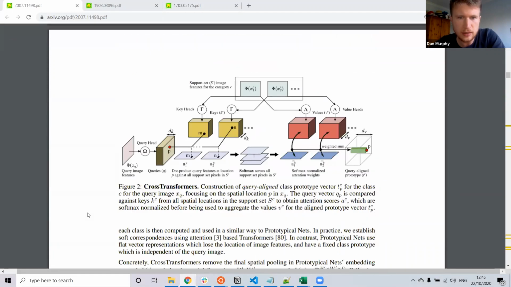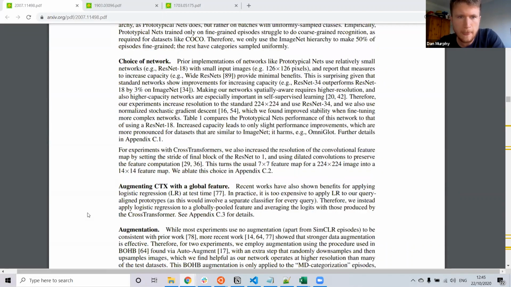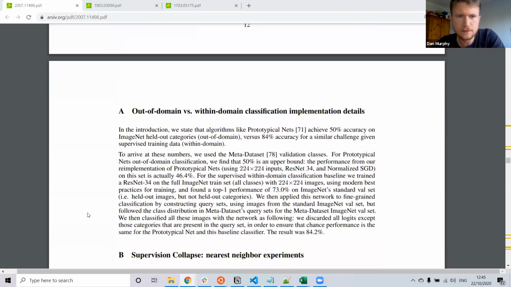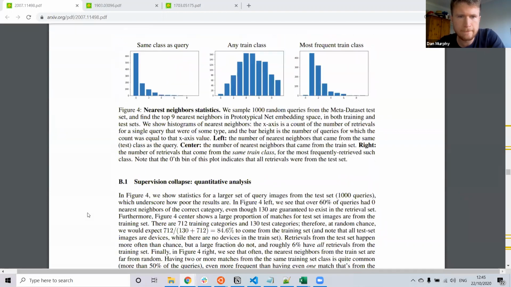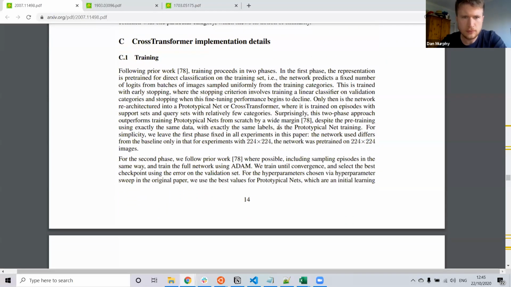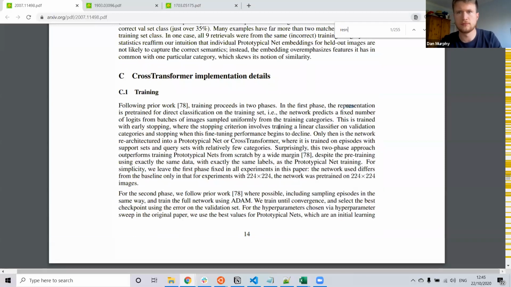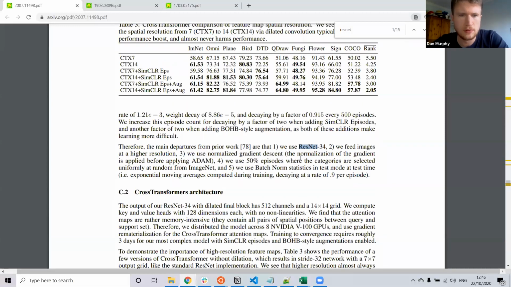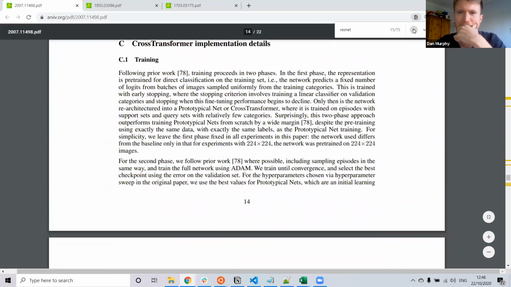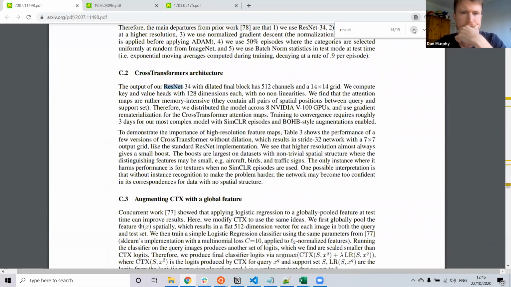Sorry, let me just take a little look down. Yeah. So I'm pretty sure, I can't see it exactly now, but I'm pretty sure they just use a ResNet.